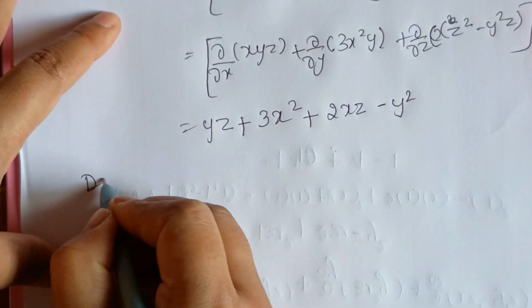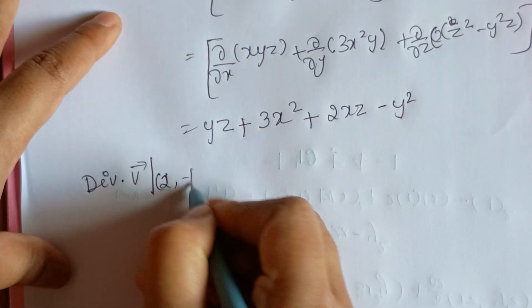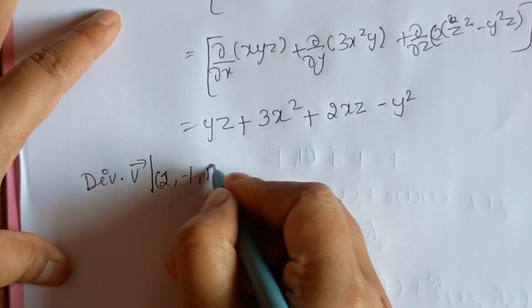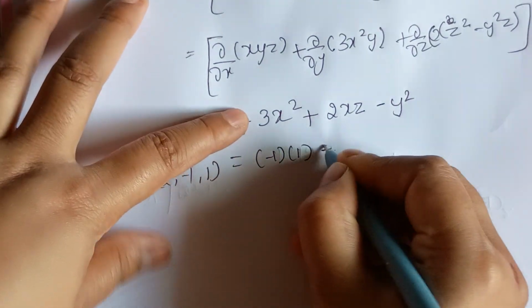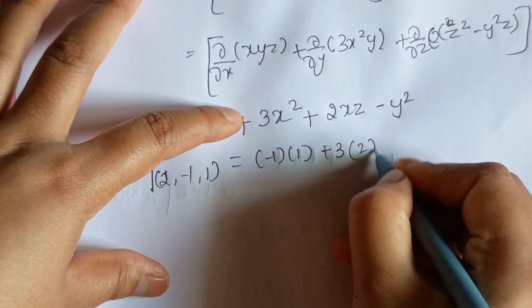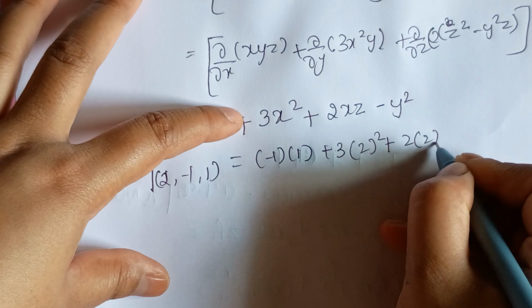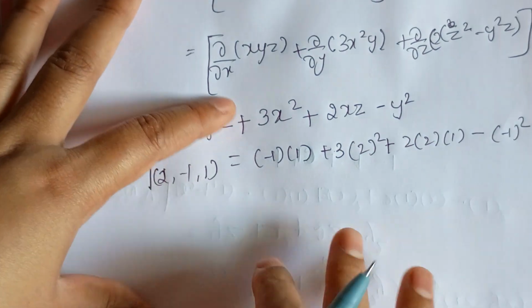Done. Now divergence of vector v at the point (2, -1, 1) is equal to minus 1 into 1 plus 3 times 2 square plus 2 into 2 into 1 minus 1 the whole square.